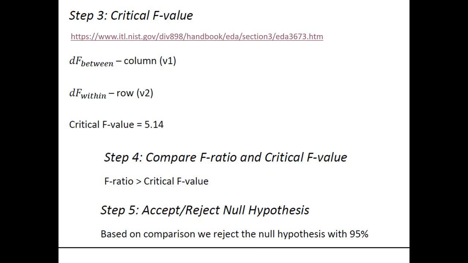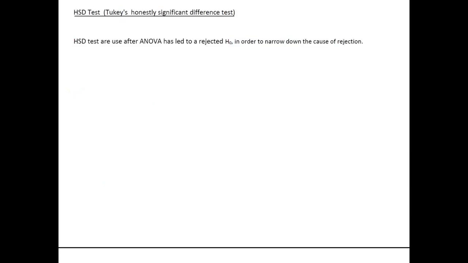So at this particular point, we will be able to say that there are differences between groups, but we actually don't know which groups are different from each other. And that brings us to something called a post hoc test.